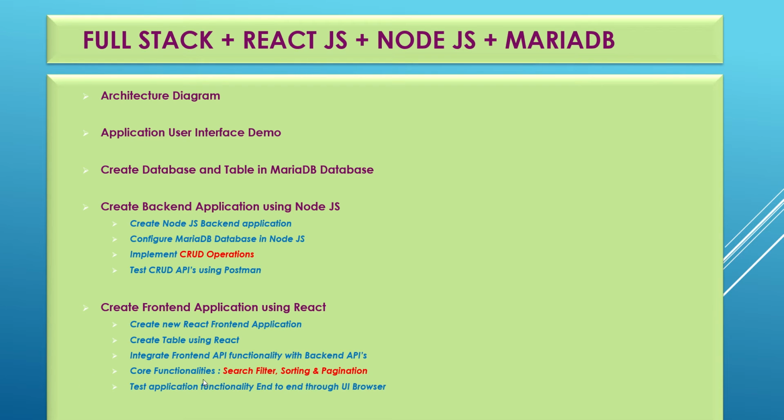And next, we are going to implement some core functionalities like search filter, sorting, and pagination using hooks and functions available in the React table library. And finally, we will test our application functionality end to end through the UI in the browser. So this is about all the points which we are going to cover in this video.